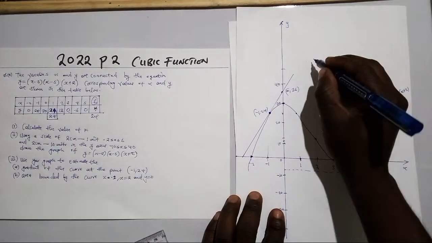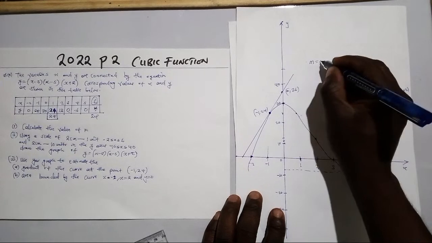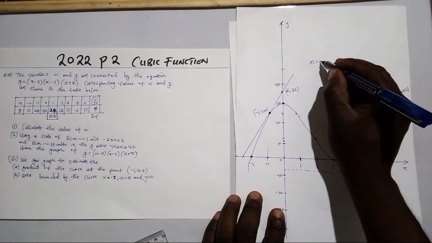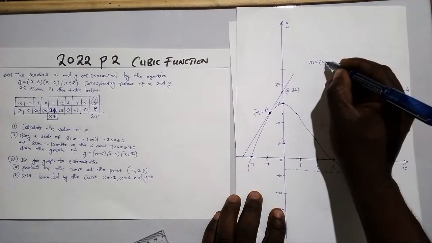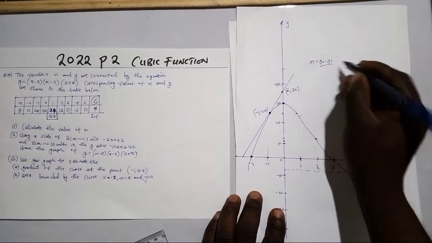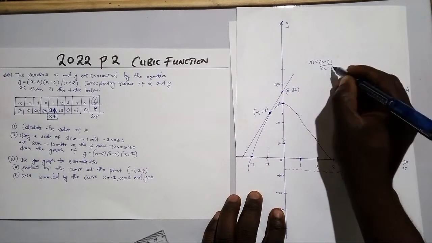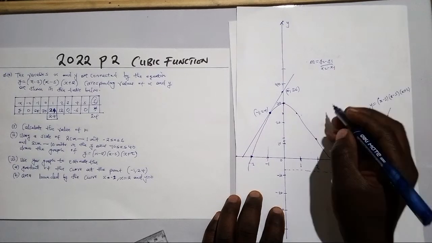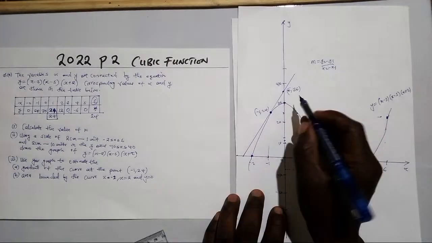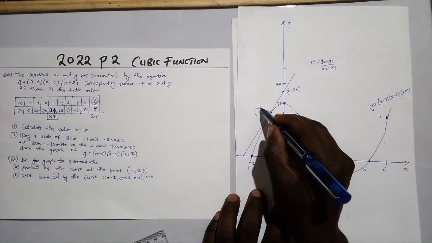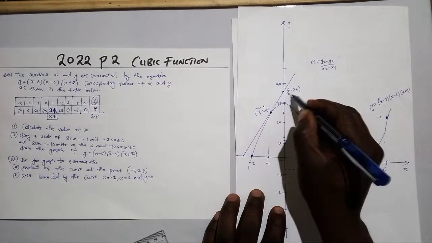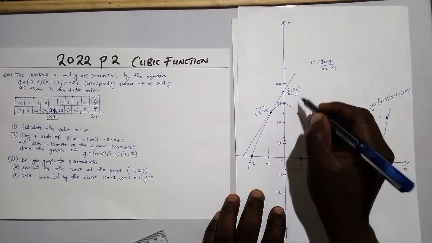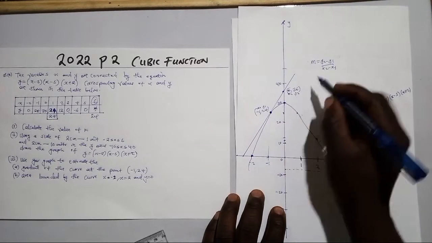We can say gradient equals y2 minus y1 over x2 minus x1, okay? Now we have to denote here, this is our x1, y1, x2, y2. y2 we have 36.